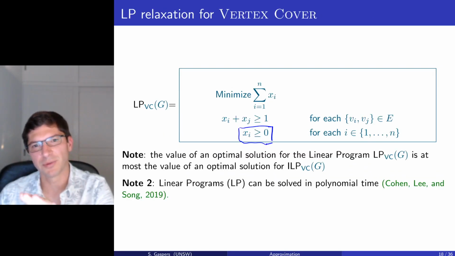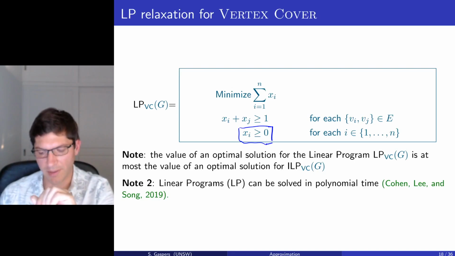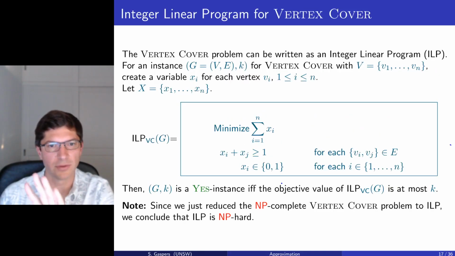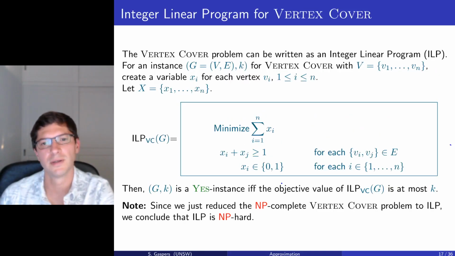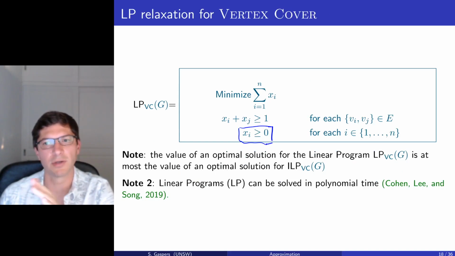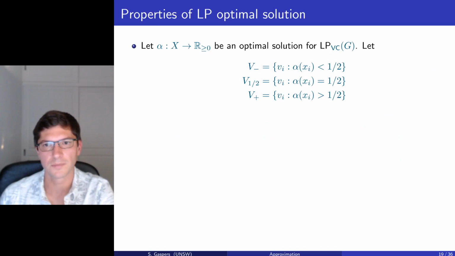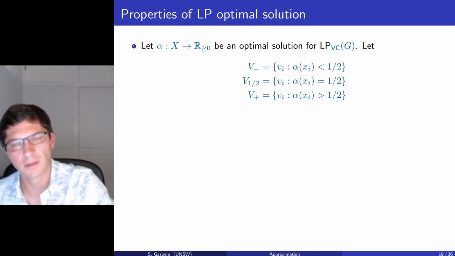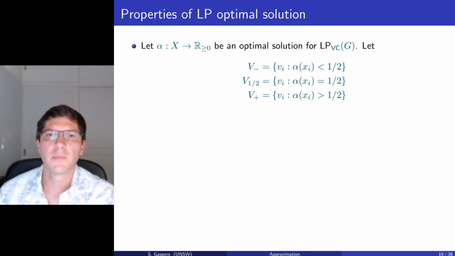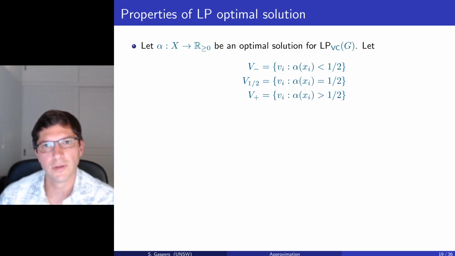So now if we want to use the linear program as an approximation for the integer linear program, we need to establish some kind of relationship between the two. So let's think about properties of the LP optimal solution. So for the linear program, what does our solution look like?